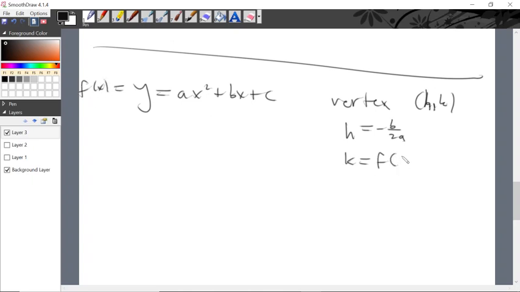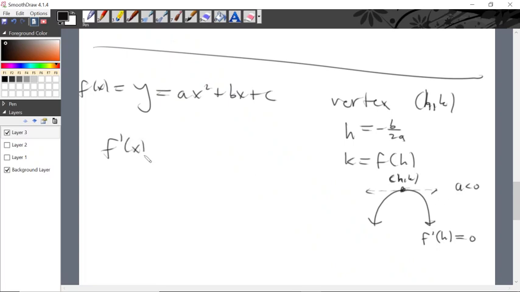So k is equal to f of h, where h equals negative b over 2a. Now, we can prove that this is so by using calculus again. If we have a parabola that is downward facing, where a is less than 0, then the vertex h, k would also be located where the first derivative, f prime, at the input h would have to equal 0, because the slope of the tangent line here would have to equal 0.